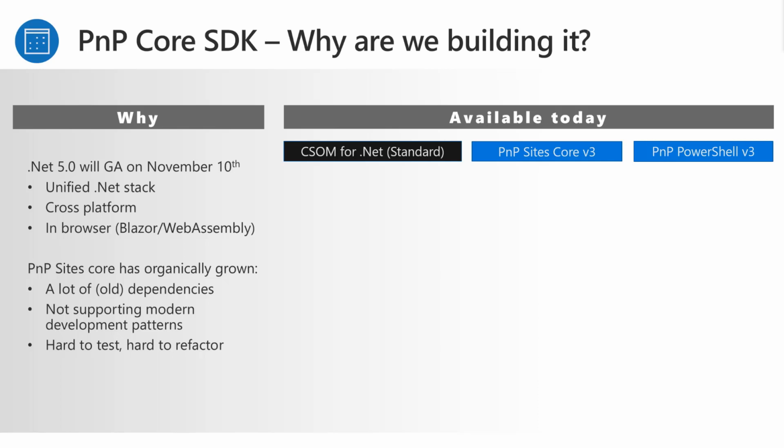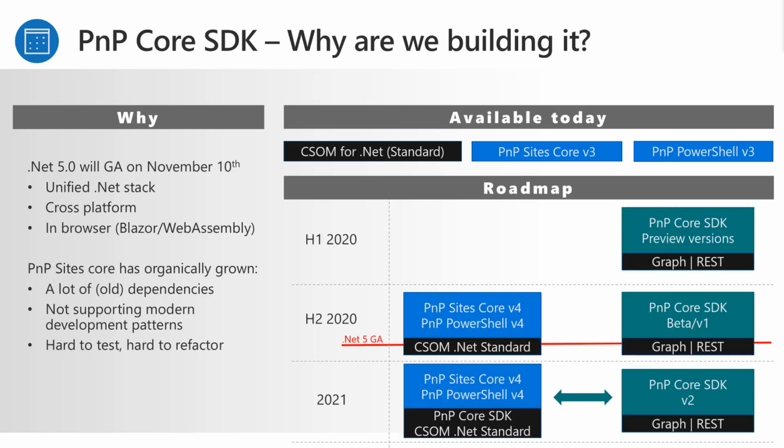It will also give us a way to surely but slowly move features and capabilities from PnP Core into a new clean code base, because refactoring PnP Core would be a massive project, and you would still end up with a lot of old legacy stuff in there. So that's why we started from scratch.